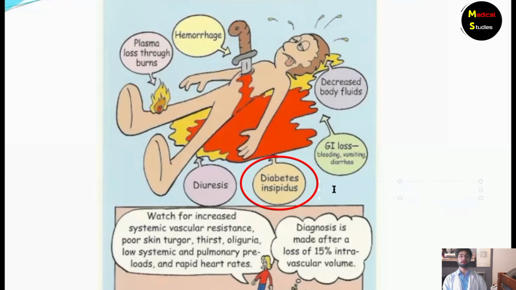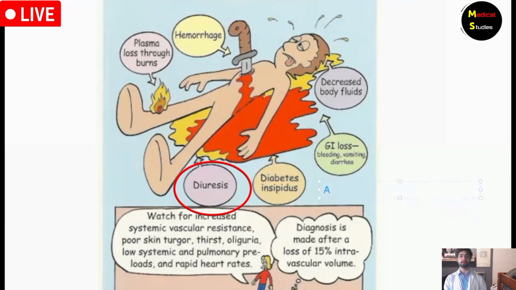Then water cannot be retained in the body, and the water is excreted excessively in the urine, which leads to very dilute urine. Because of this we lose a lot of fluid from our body in the form of urine, resulting in hypovolemic shock. So this is the reason mentioned here for diabetes insipidus.